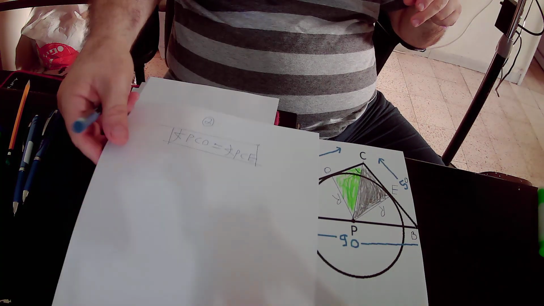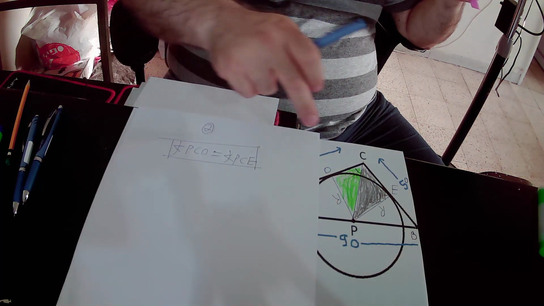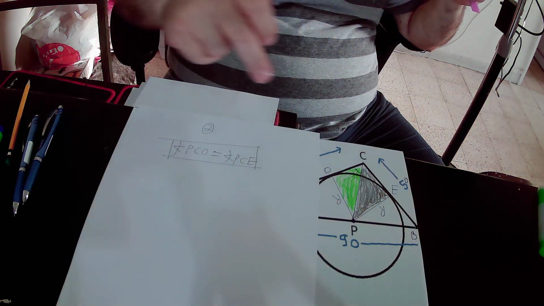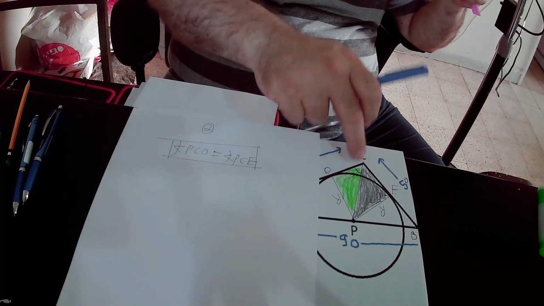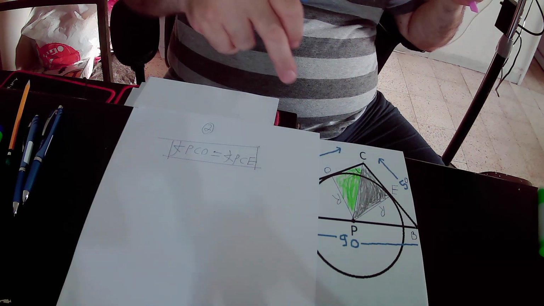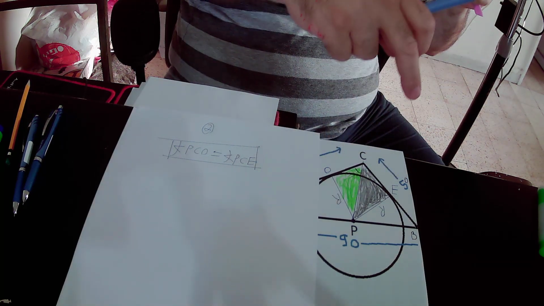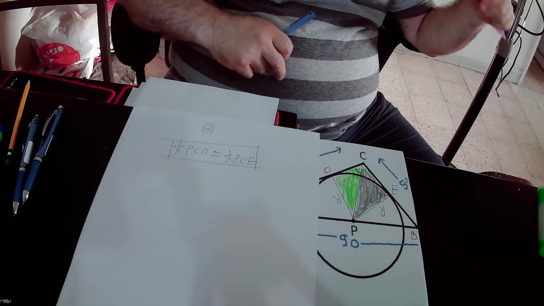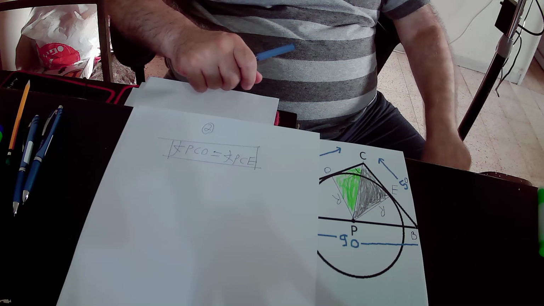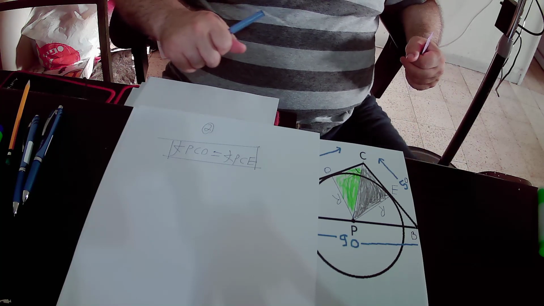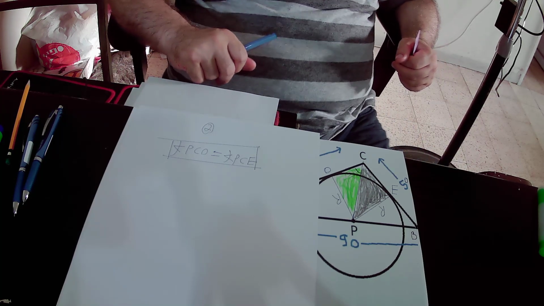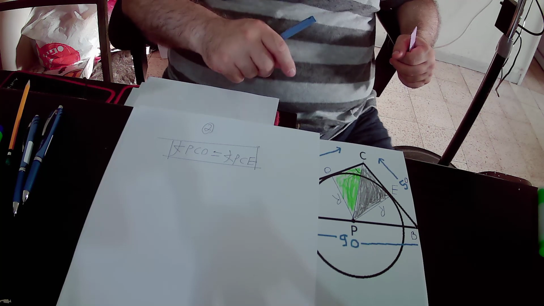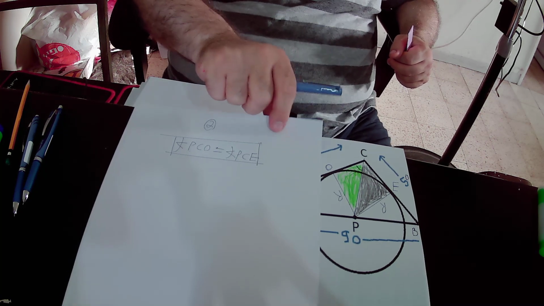Okay, angle PCO in the green triangle is equal to angle PCE in the black triangle, according to the rule that corresponding angles in congruent triangles are equal to each other.